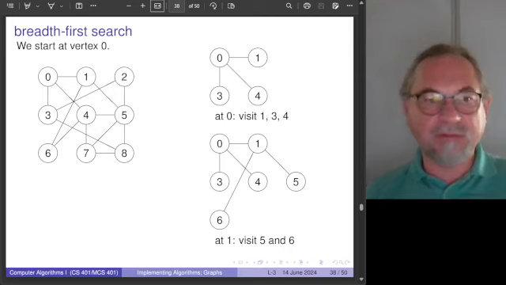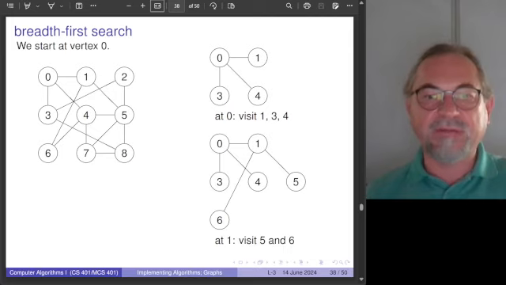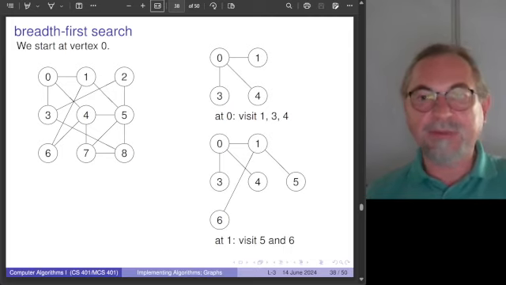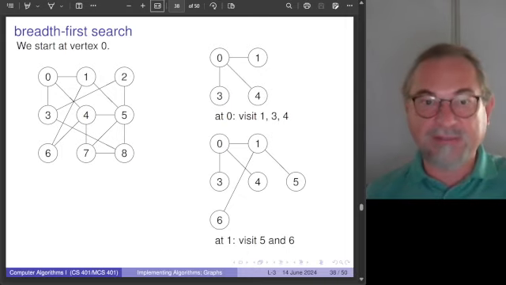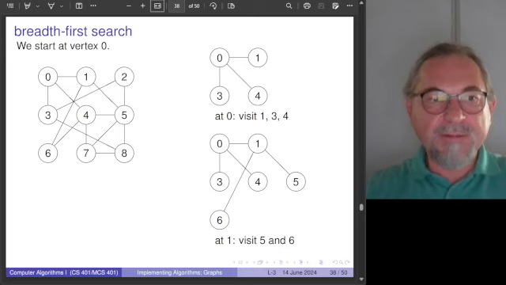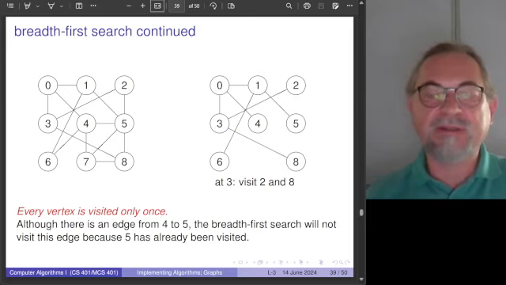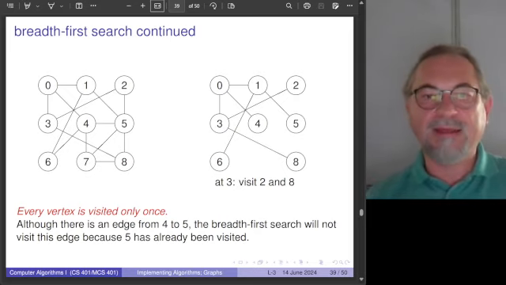And the degree of 1 is 3, so we have 2 other possibilities, so this is 5 and 6. In the next step, in looking at the neighbors of the neighbors, we look at 3. So 3 is connected to 2 and to 8. So we visit 2 and 8.